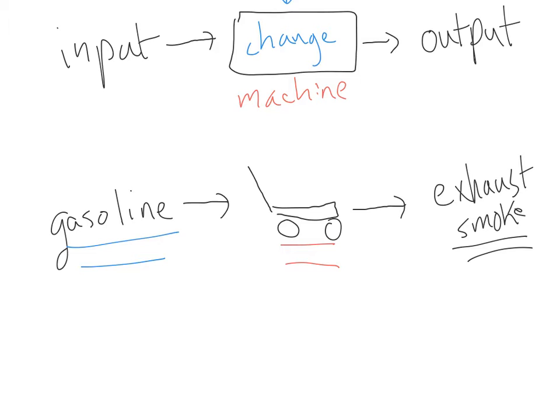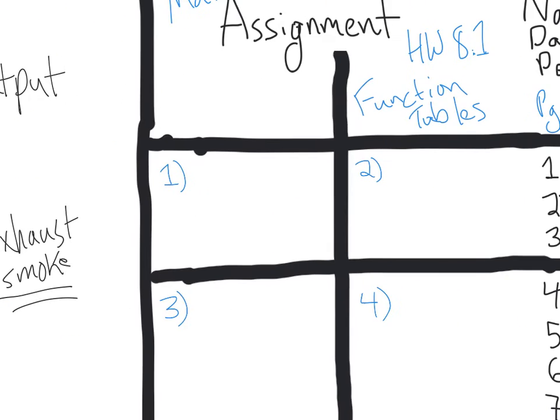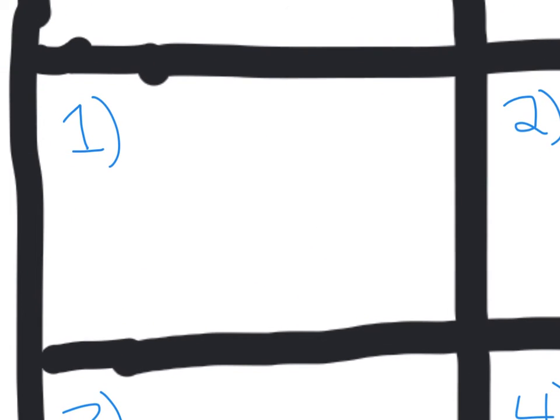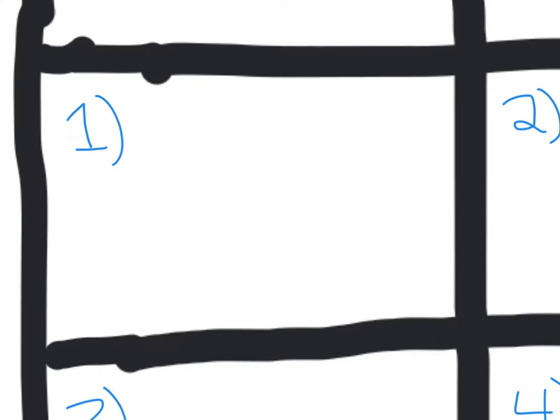So let's go ahead and look at a few examples from our homework, just to give you guys a better idea. Alright, problem number one. And I really like how we're starting out with function tables here, so let me draw a quick table.